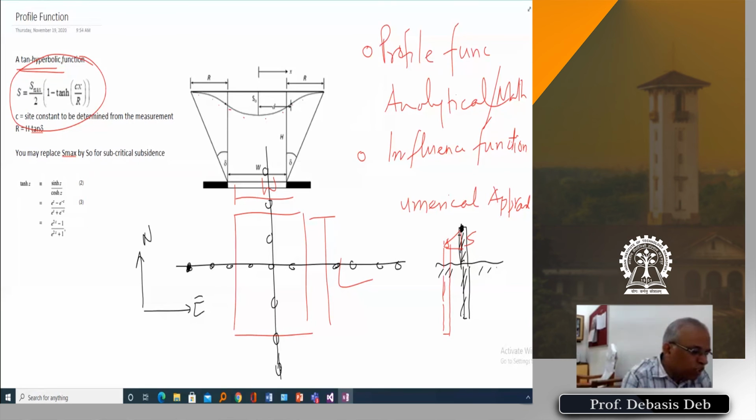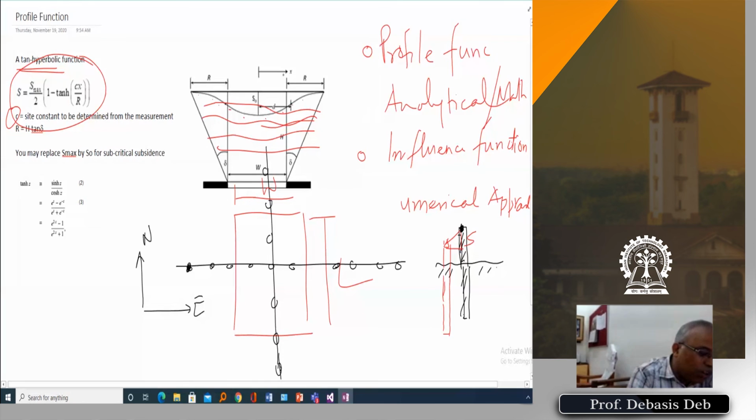Now it has mostly one parameter, the C. The parameter C is the site constant, and that's why, being the site constant, it depends on the rock type. For a different site, the C value will be different. And R is already given.